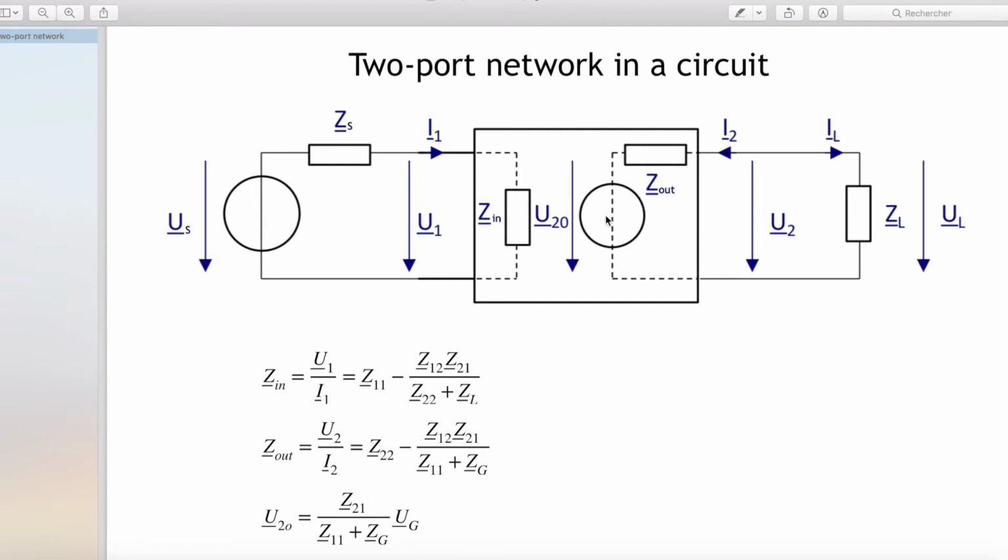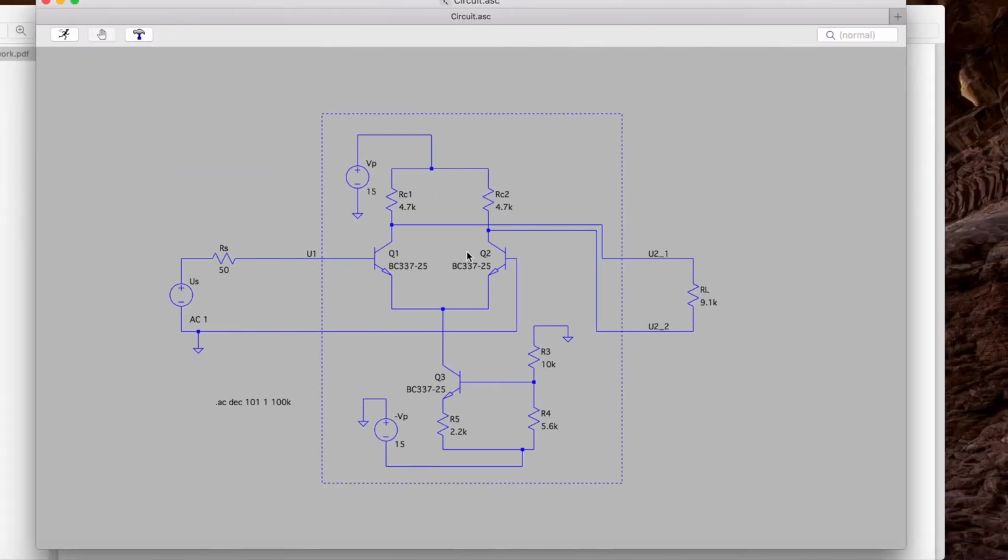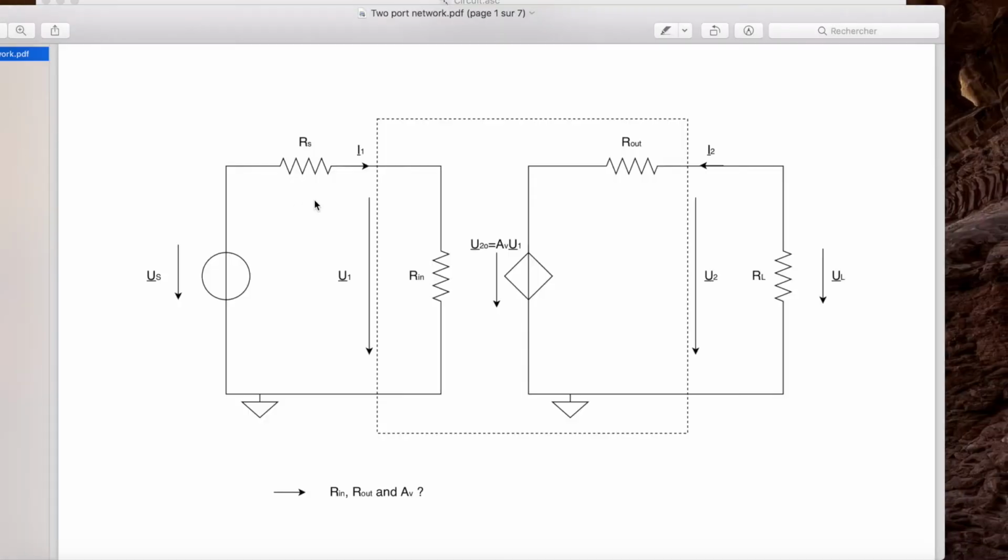Furthermore, as we have no capacitor and inductor, the impedance of these elements is resistive. So we have only resistors. So here we have the equivalence circuit.